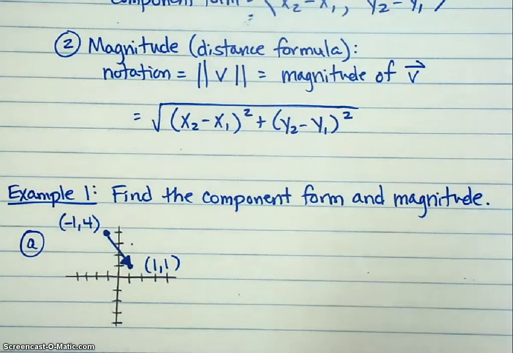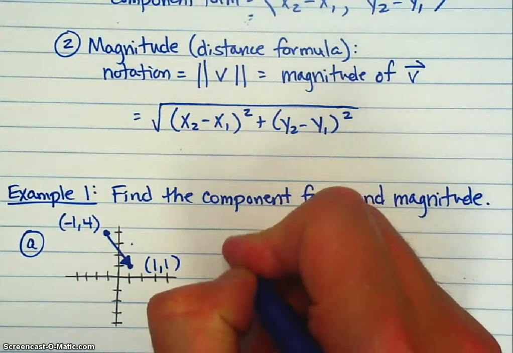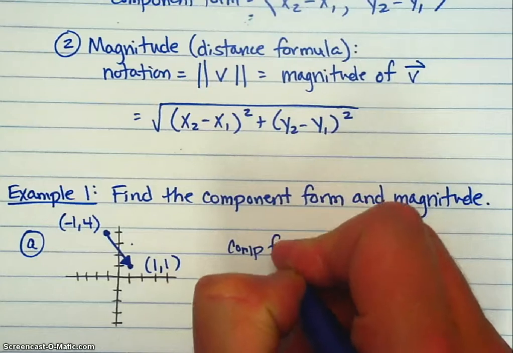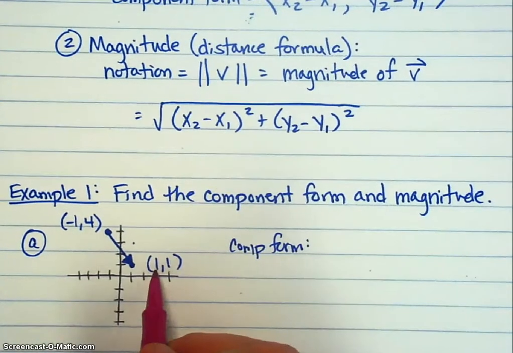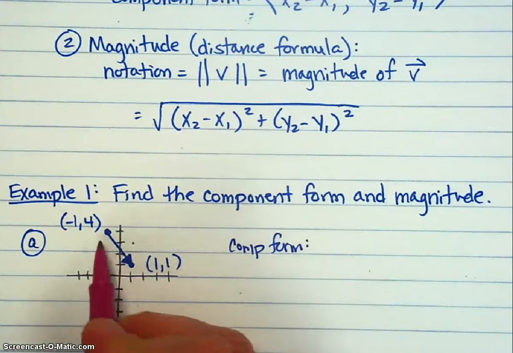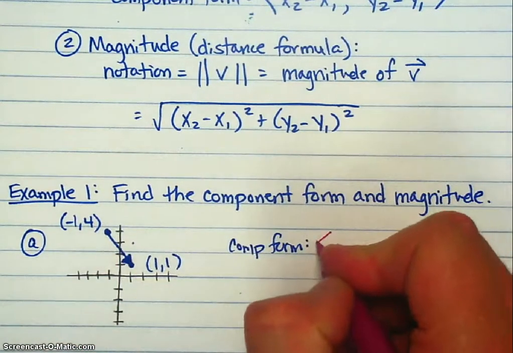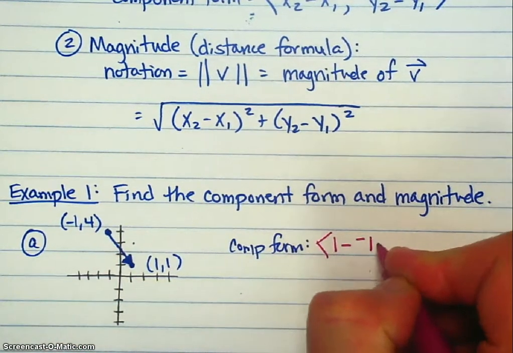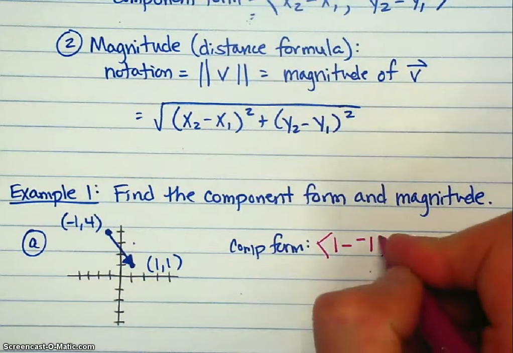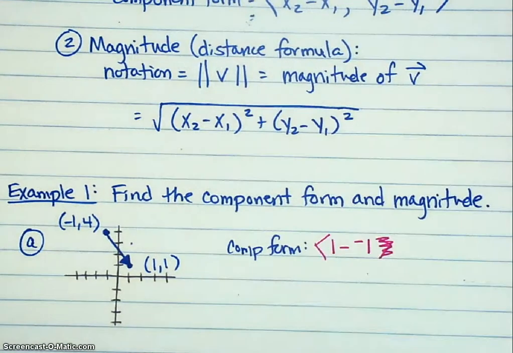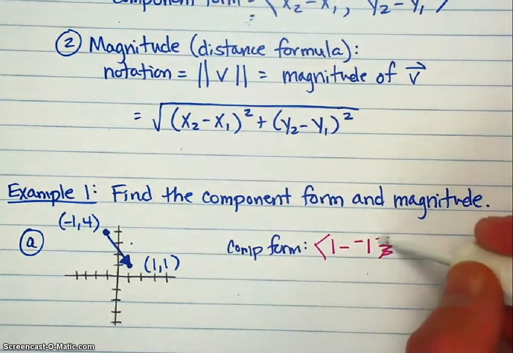So if I want to find the component form here, I'm simply going to take x2, which is the 1 here, and subtract x1. So I'm going to have 1 minus -1, and then I'm going to take y2. Sorry about that, let me wipe that out there.